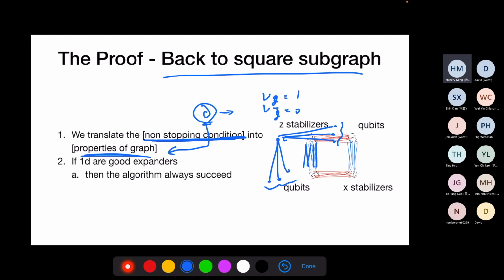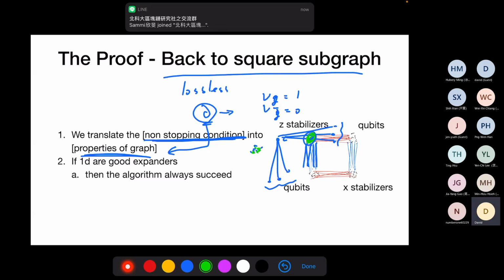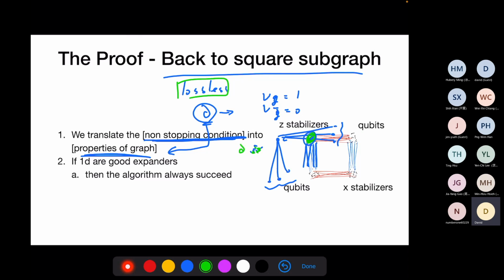So where does this losslessness come in? One example is that I have some points over here, on this top left corner. If the thing is lossless, that means after applying partial, how do I say this? Yeah, okay, this is what I want to say.